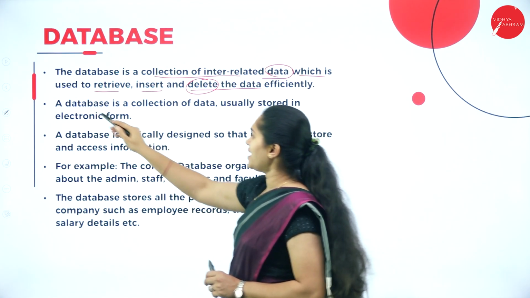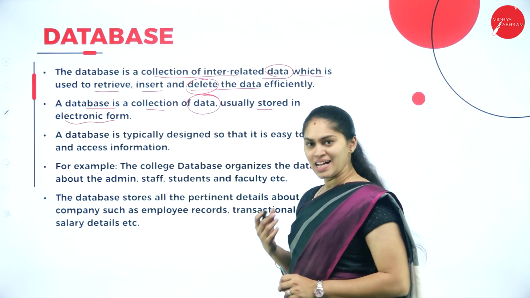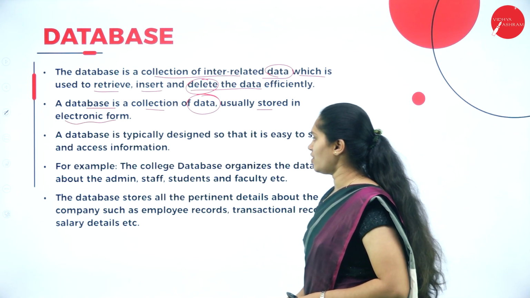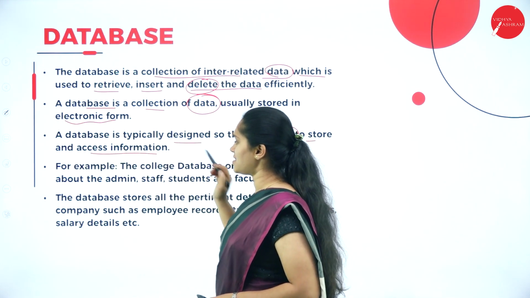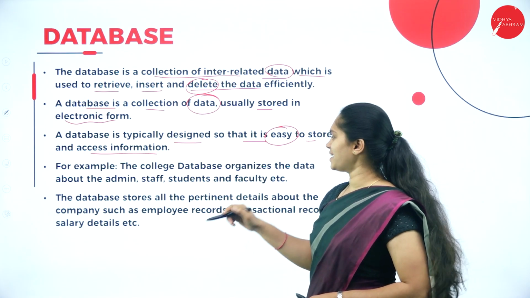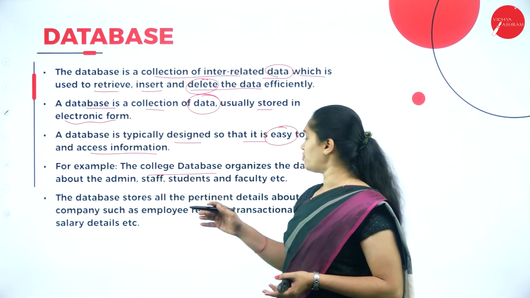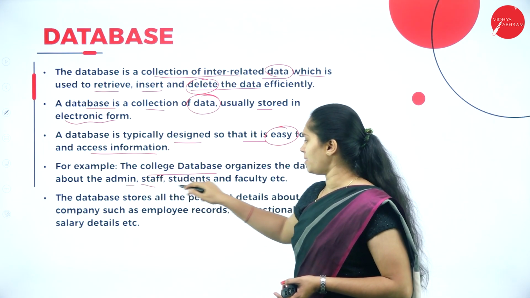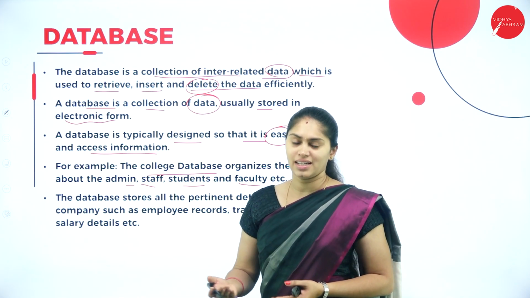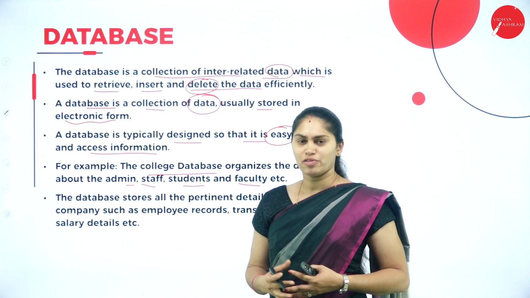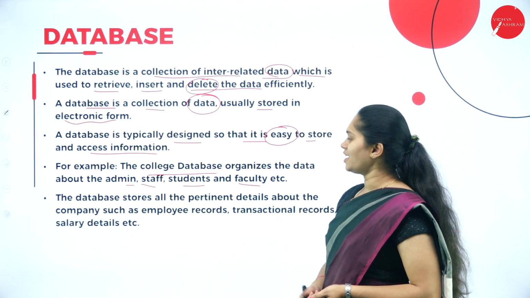And a database is a collection of data which is stored usually in electronic form, and it is designed so that it is easy to store and access the information. You can take the example of a college database. It comprises information regarding the staff, admin, student and faculty details, the overall teaching and non-teaching staff, and the courses offered. Every data will be stored there. Fine.